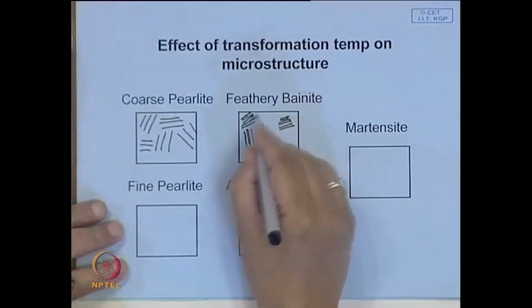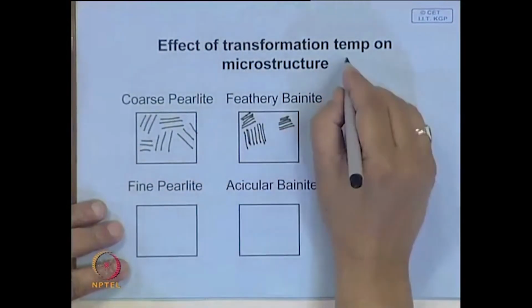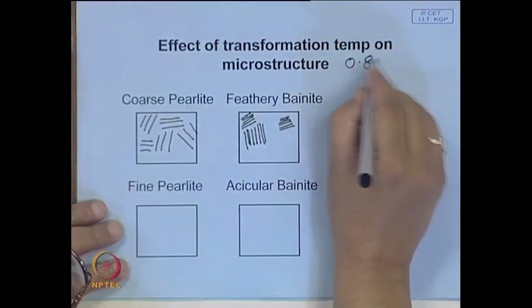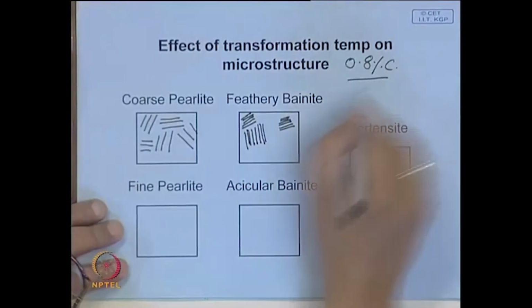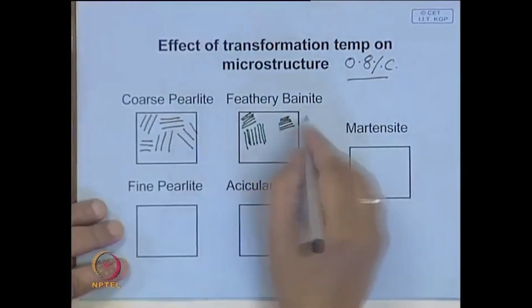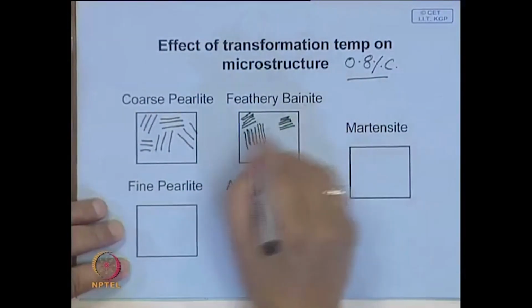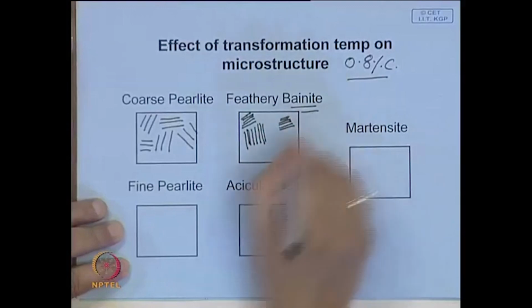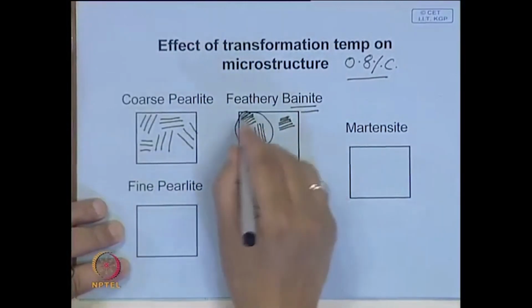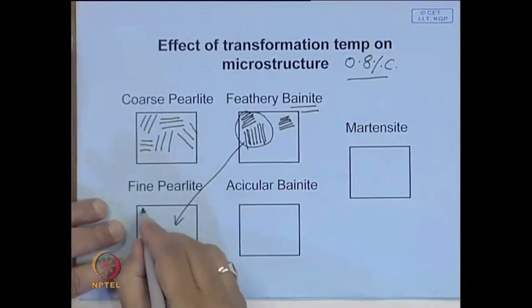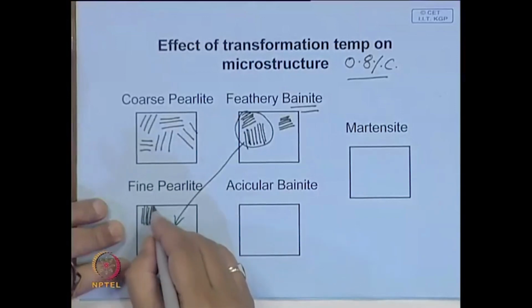The entire portion will be filled up if it is 0.8% carbon steel. It will be 100%. Sorry, this is the fine pearlite. We will come to this bainite a little later.